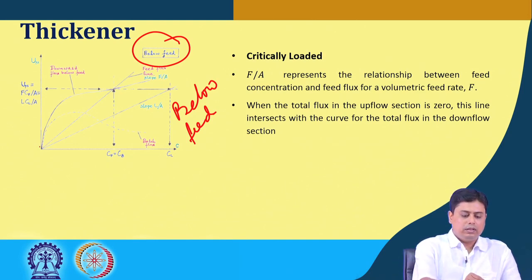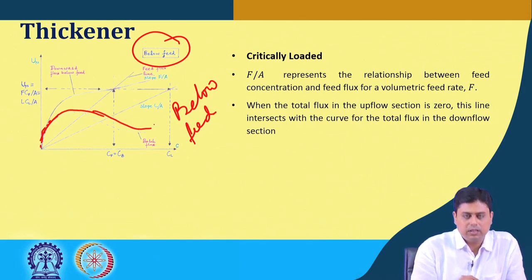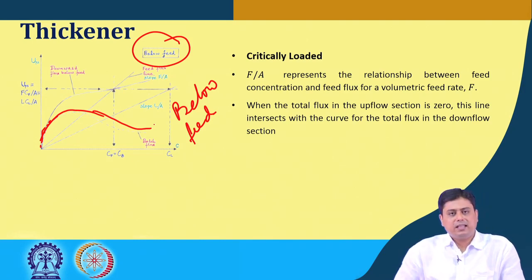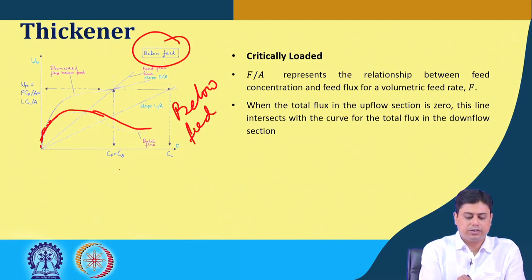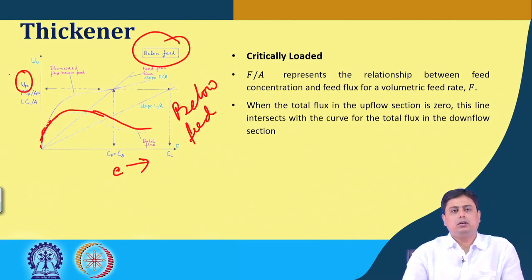Now, say this is the batch flux data. This is the concentration in the x direction, and in the y direction we have the volumetric flux.